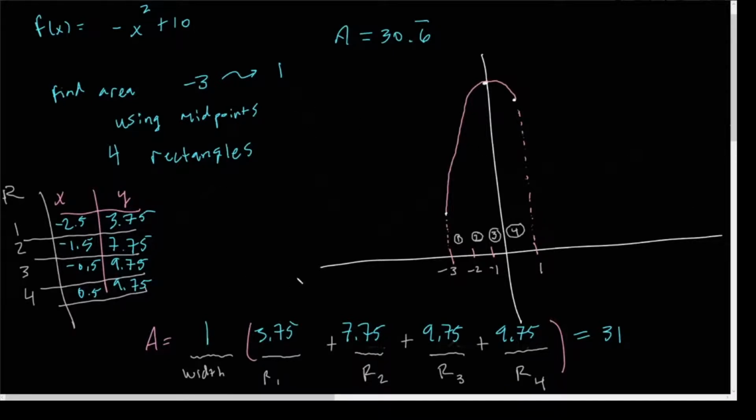So do we feel pretty comfortable with this now? As tedious as it might be, do we understand how this works? So I didn't even draw my rectangles, but I think you guys know what's going on.